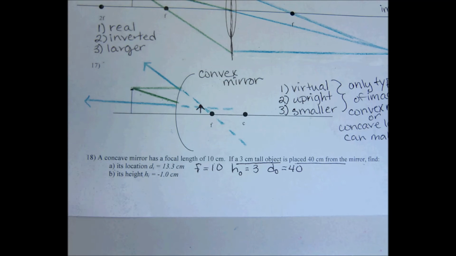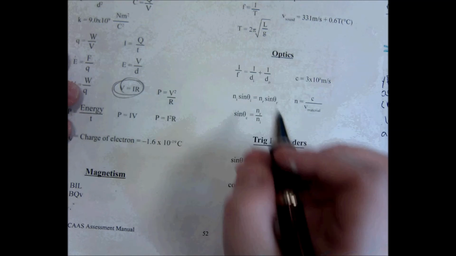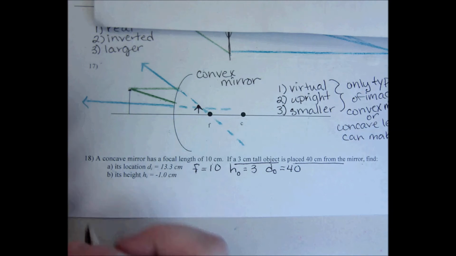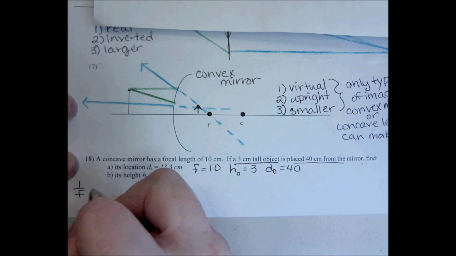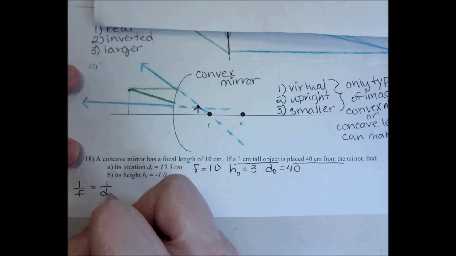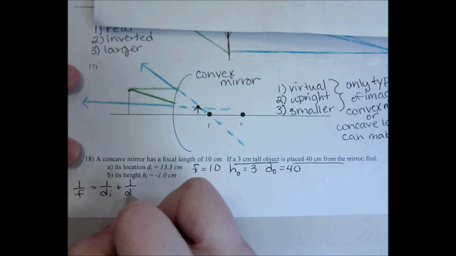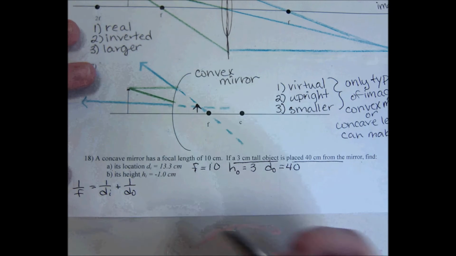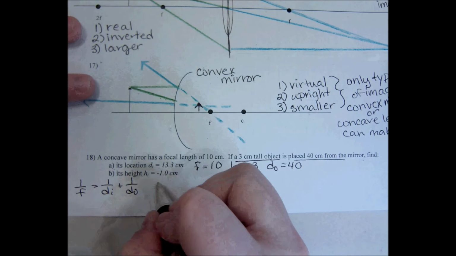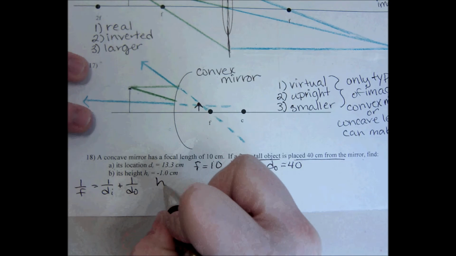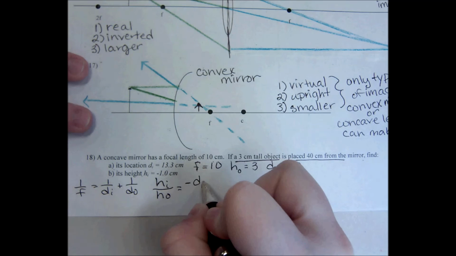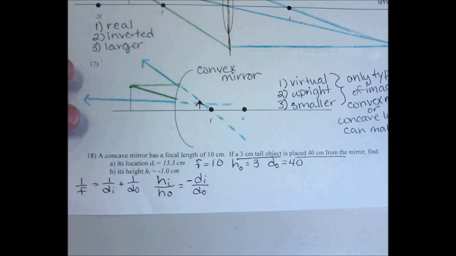If we go back to our handy dandy formula sheet, under optics we find that there's a formula that says 1 over f equals 1 over di plus 1 over do. There's a formula that's not on here, but that I will again have on the board for the performance final, that says hi over ho equals negative di over do.